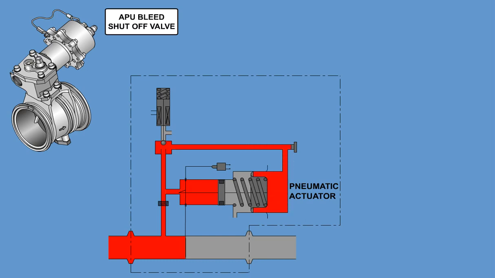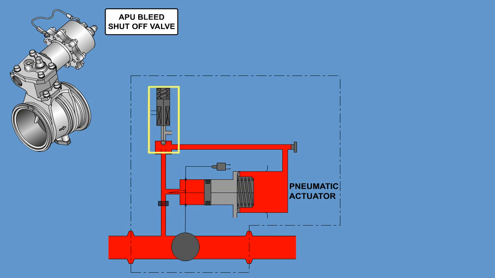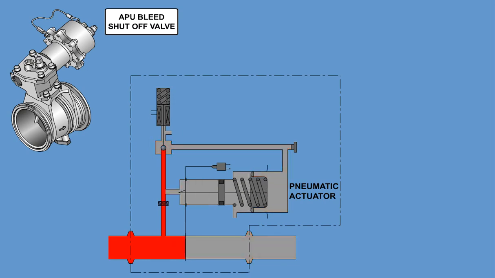Force acting on the piston, which is linked to the butterfly plate, moves the valve to the open position. When the valve is commanded closed, the solenoid is closed, allowing the piston cavity pressure to vent to ambient, and the spring-loaded piston moves the butterfly valve to the closed position.